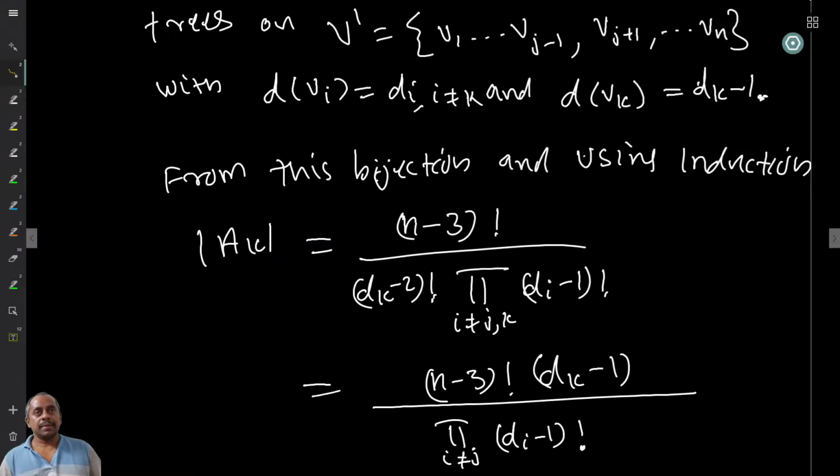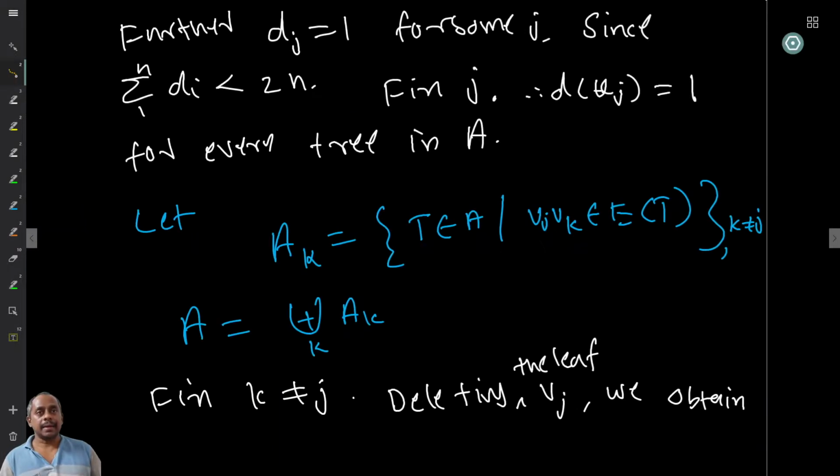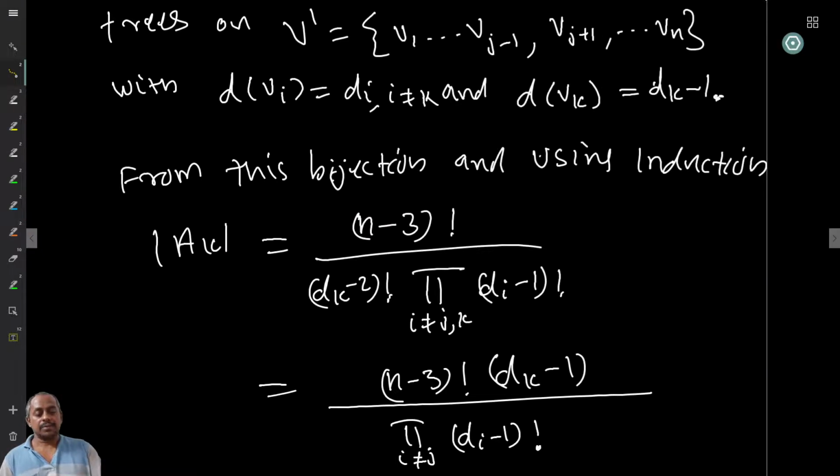So therefore, there is a one-to-one correspondence. So the cardinality of Ak is precisely the cardinality of the trees that we obtain this way. Now the trees that we obtain this way are all trees that we can get where the degree sequence is given here, all trees on n minus 1 vertices where degree of vi is equal to di, i not equal to k, and degree of vk is equal to dk minus 1.